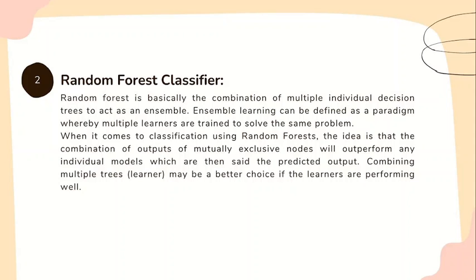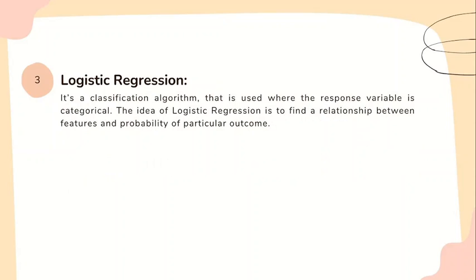So combining the output of multiple trees will get a better prediction. The third algorithm used is logistic regression, which is another classification algorithm used where the response variable is categorical. The idea of logistic regression is to find a relationship between features and the probability of a particular outcome.